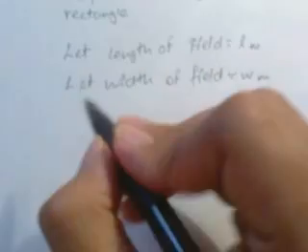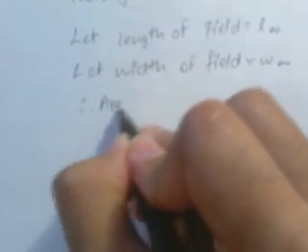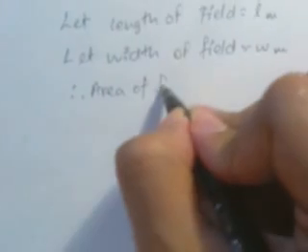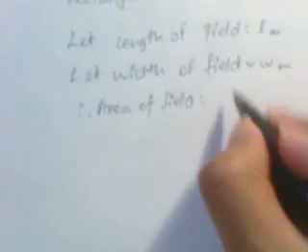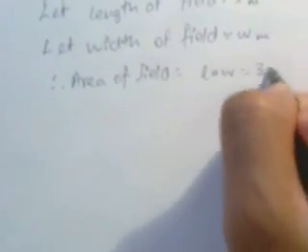Units are always important. And the area of field equals L into W, which is 300 square meters. This is already given information. This is what's given in the question.